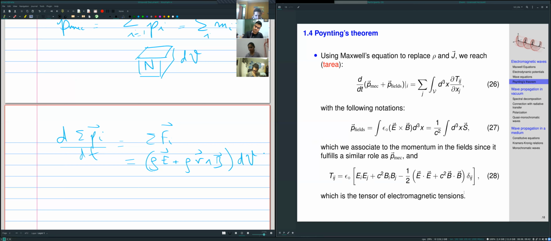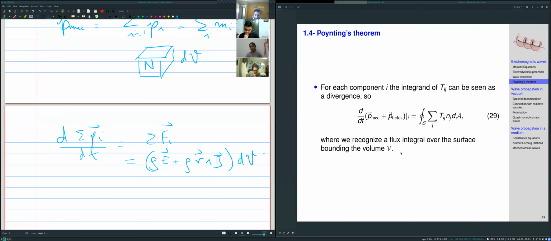These are the diagonal terms. Yes, that's right, it contains off-diagonal terms, and that would be the expression that connects the momentum exerted on the charges with the momentum in the field. So if you want to accelerate something, you need to do it at the expense of the momentum in the fields here.